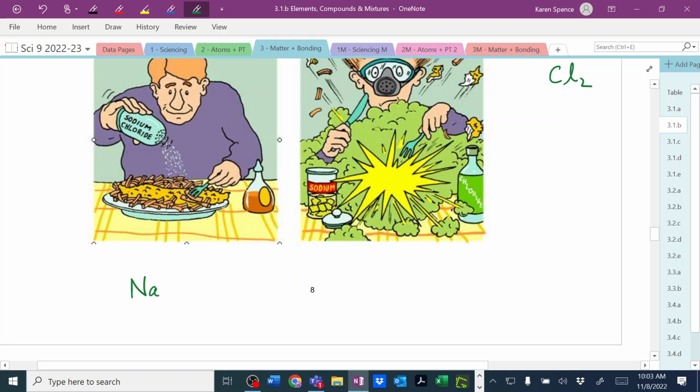And we're just going to show the outer shell. Is that a stable thing with that one electron there? No, that is unstable.